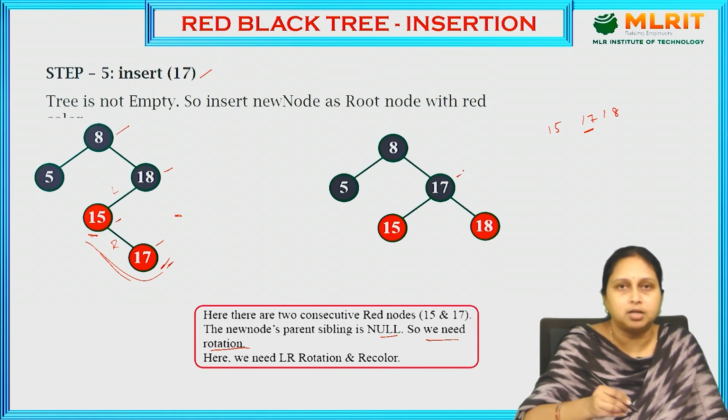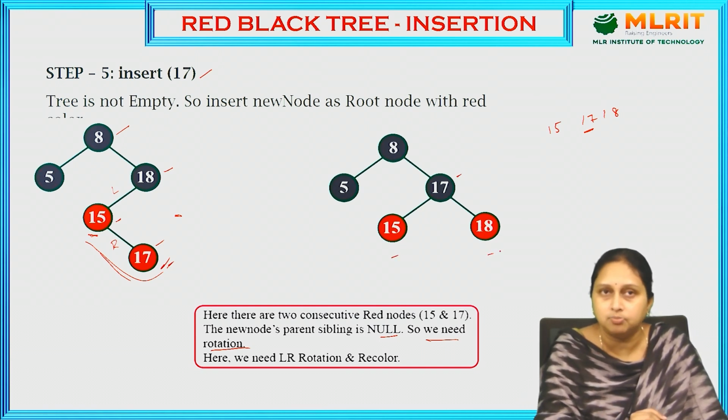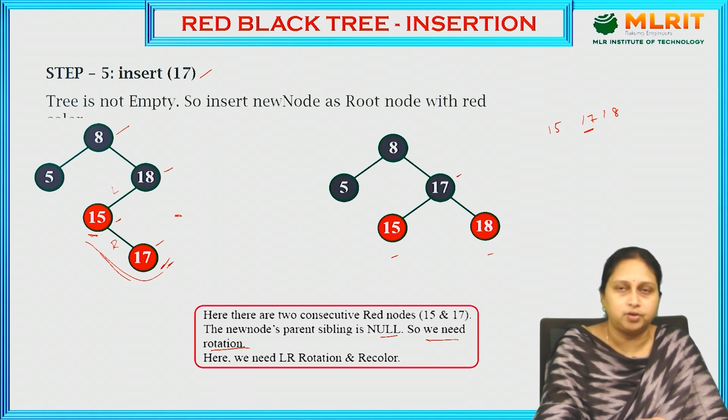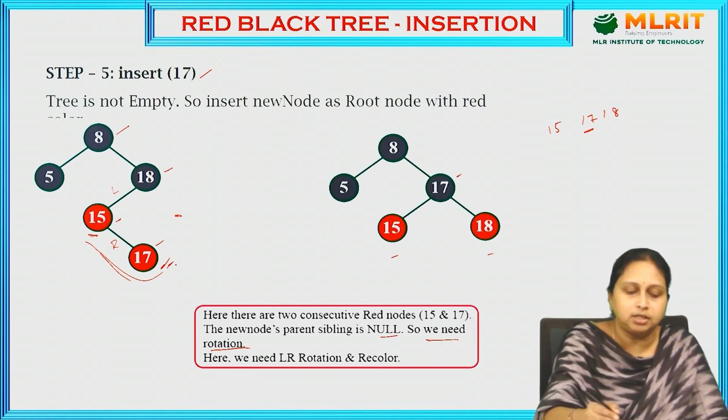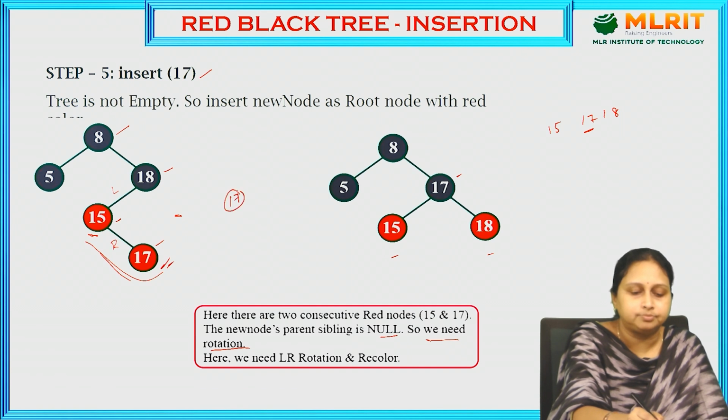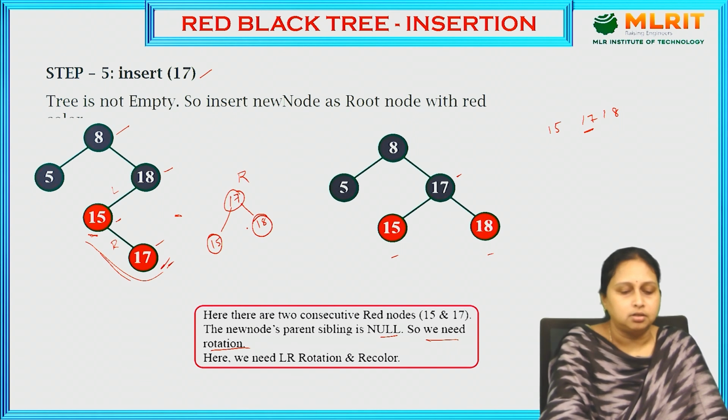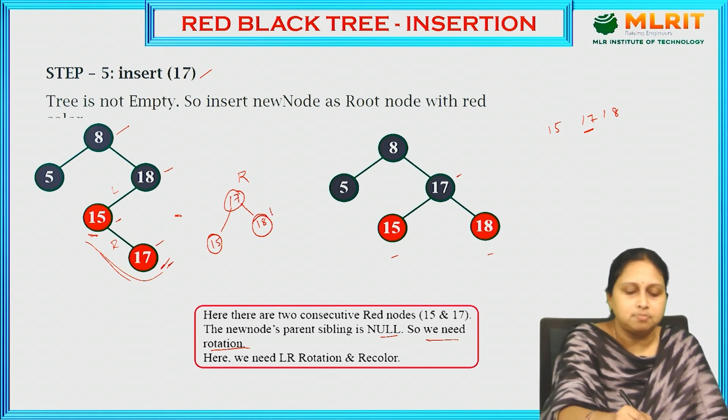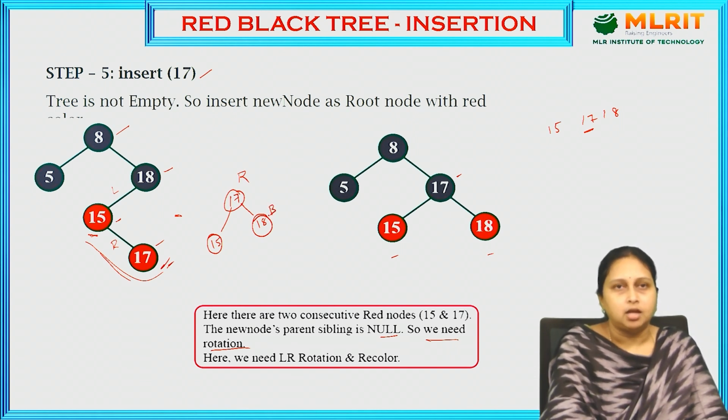So, 17 becomes the root node, and 15 and 18 become the left and right child of it. After this rotation, observe 17 is in red color, 15 is in red color, and 18 is in black color. Right?